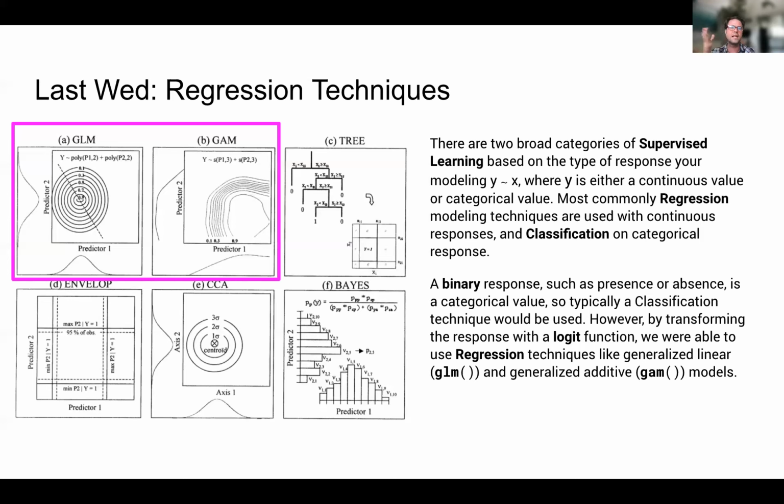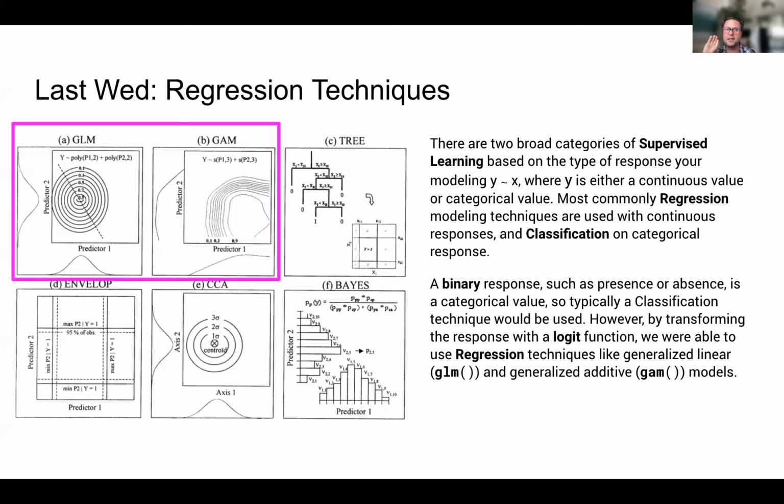And that's where classification is, generally speaking, referring to different responses. Now, the reality is that you can take a continuous response and create ordinal classes along it and use some classification techniques.